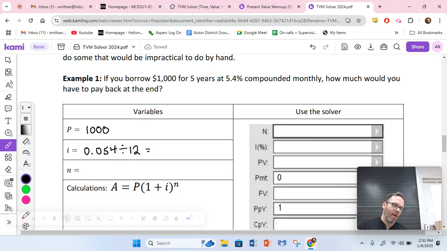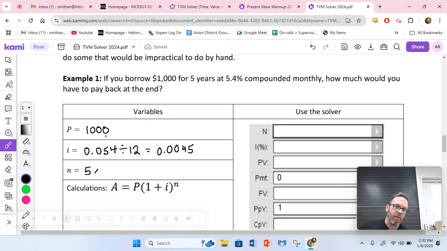That should give you a nice decimal: 0.0045.